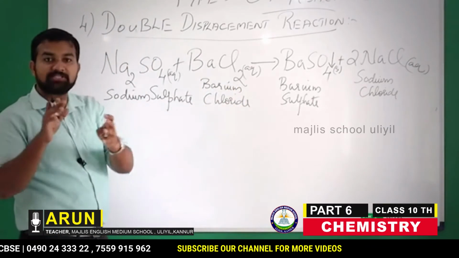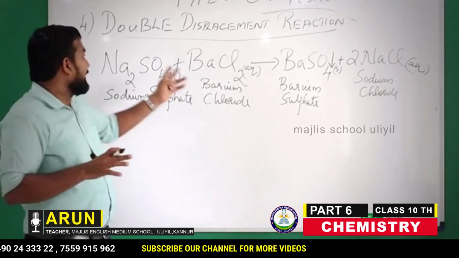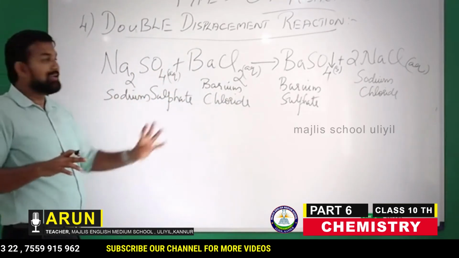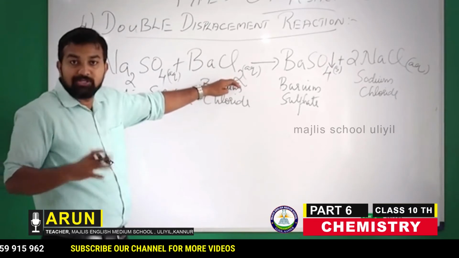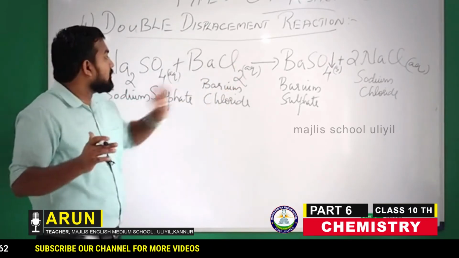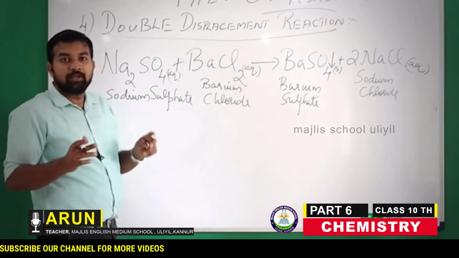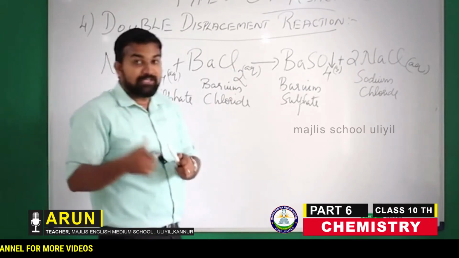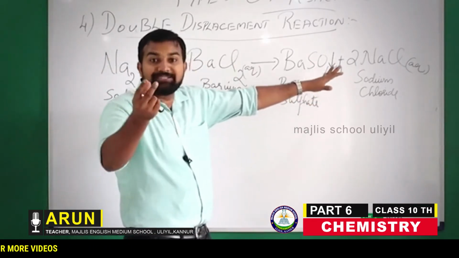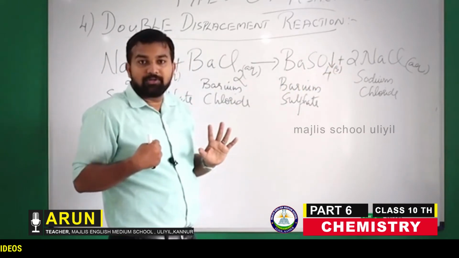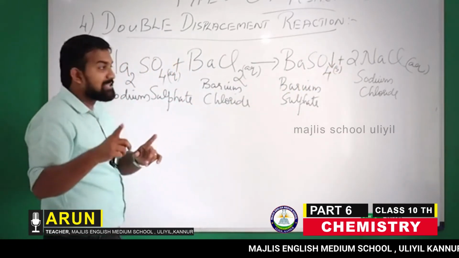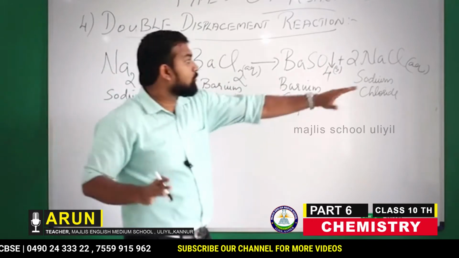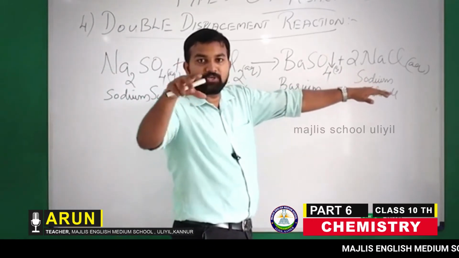I have taken the solid sodium sulfate salt and mixed it with water, as well as barium chloride salt mixed with water. And when I mixed them together, what did you see? White precipitate was formed, along with some water.